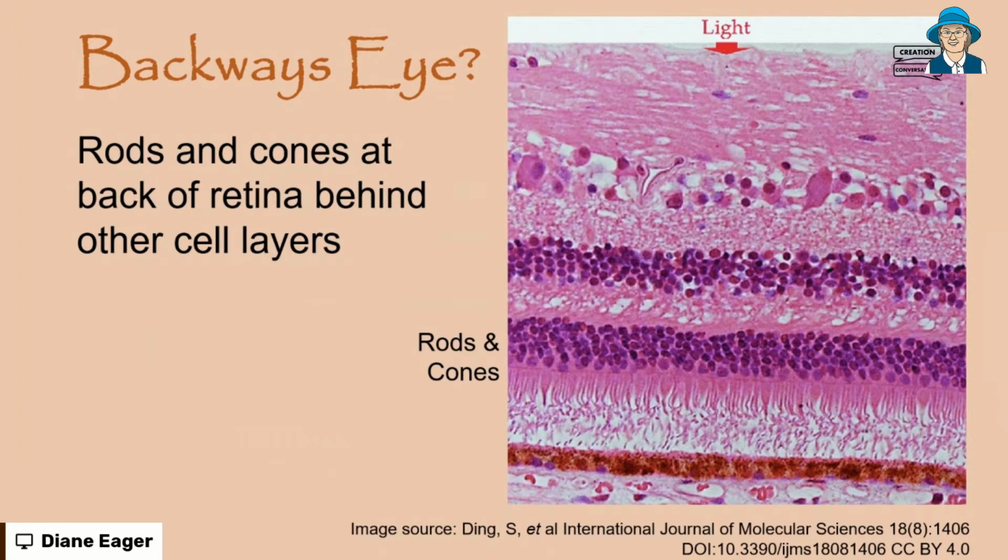So in this diagram, you'll see up the top there, light and a small arrow. That is the direction the light is coming from. But the light sensitive cells, which are called rods and cones, you've probably heard of those, are not directly in line there. They're at the back.